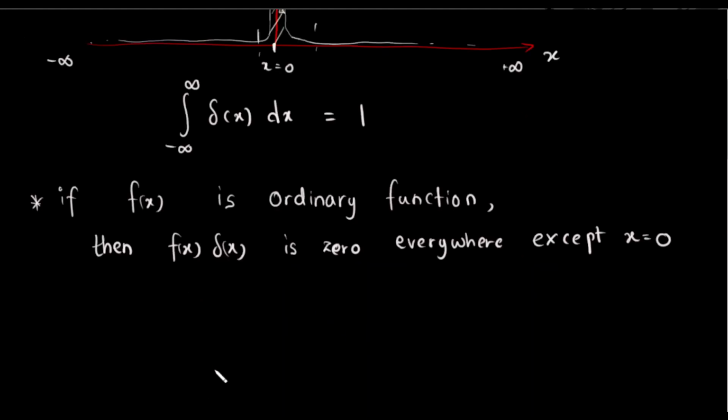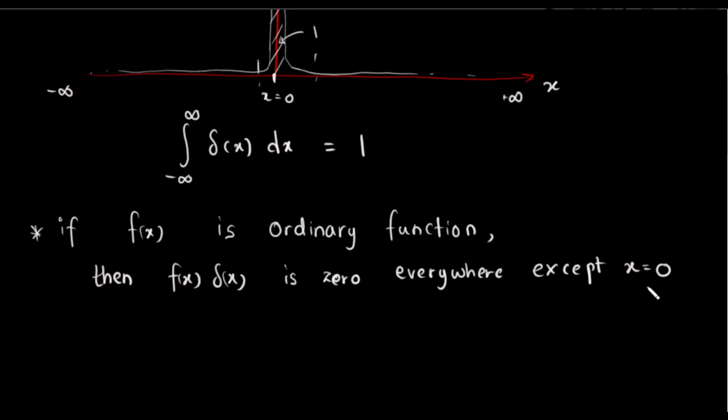If f(x) is an ordinary function, then f(x) delta x is 0 everywhere except x equals 0, because when x equals 0 the delta function has a value. When x is not equal to 0, the delta function is equal to 0. That means the product of f(x) and delta x is going to be 0 when x is not equal to 0.